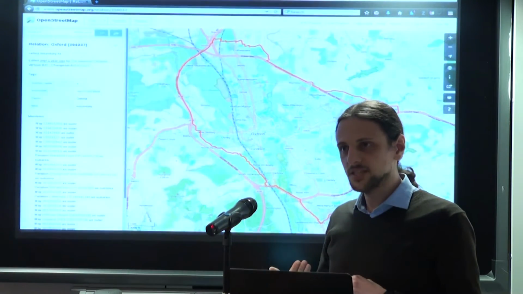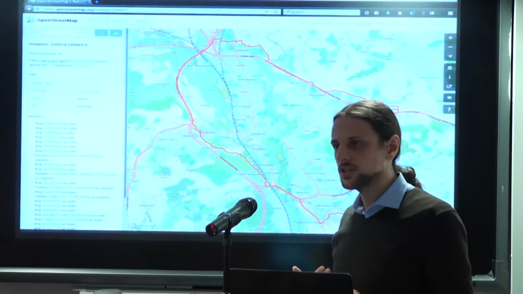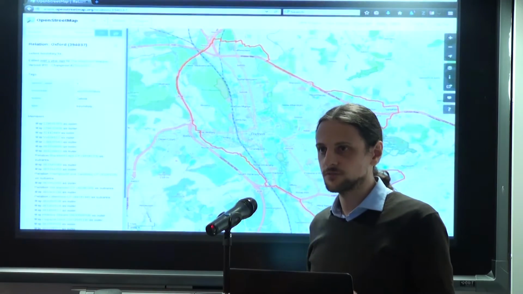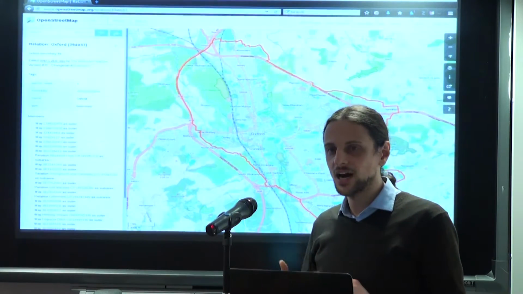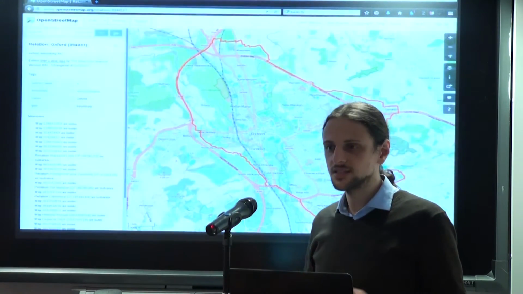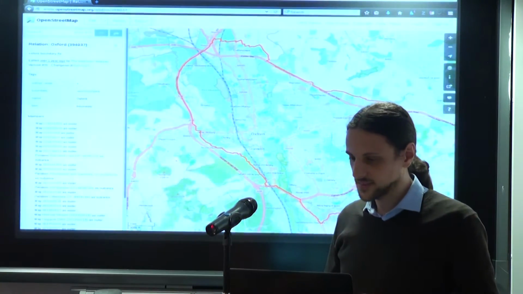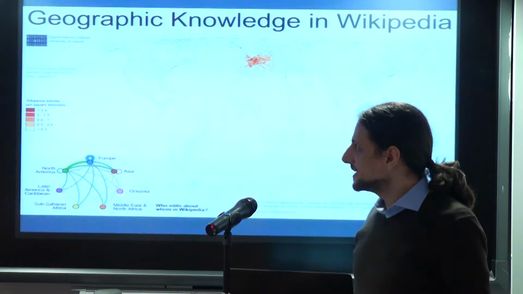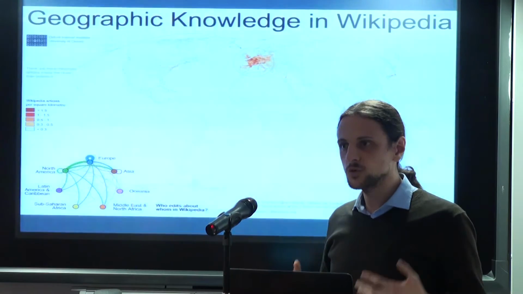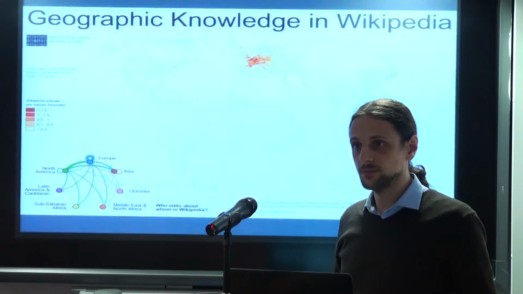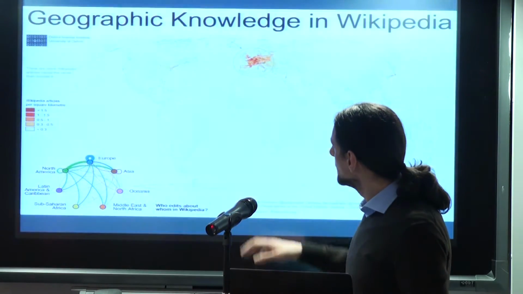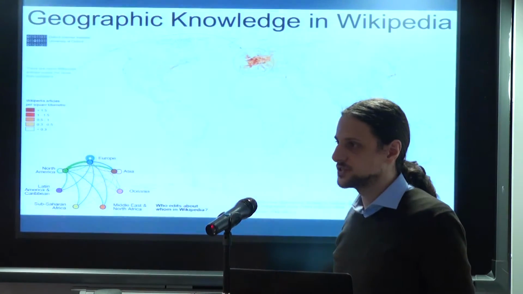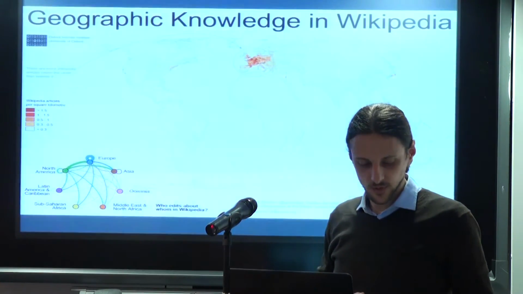Then on a completely different level, the question is, what kind of geographies, what kind of data are we creating? What is included in this data? This, for instance, is a map of all geotags on Wikipedia. And as you can see, half of the geotags are in Europe, okay?